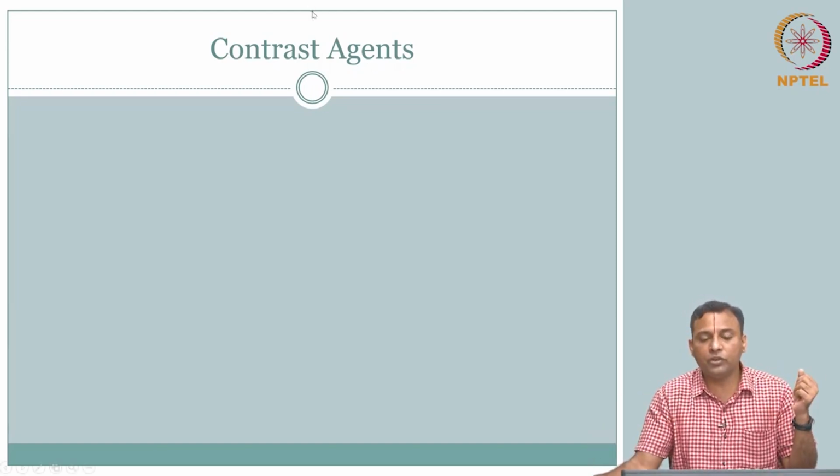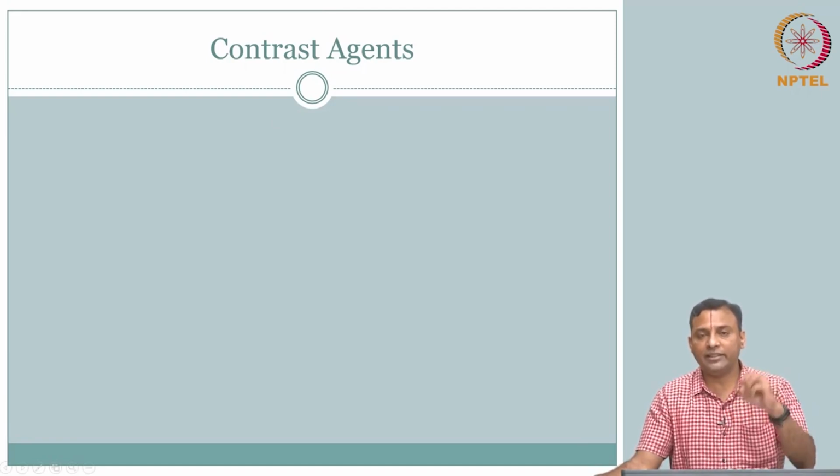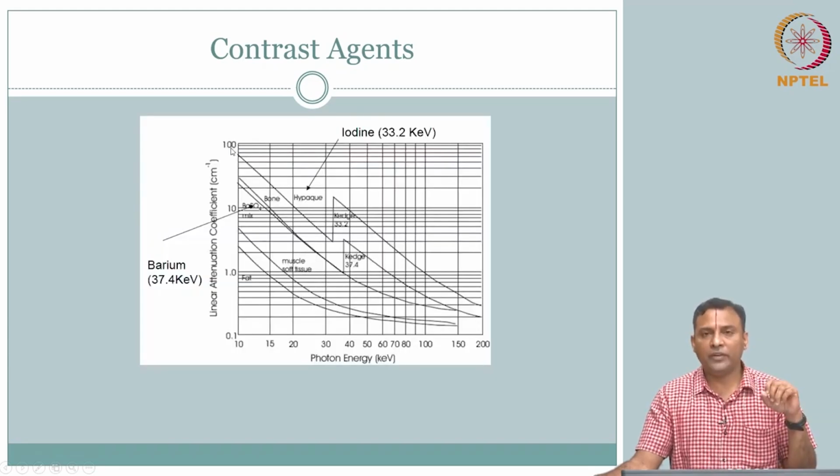So the idea of introducing contrast agents is to increase the contrast of those locations where the agent is sitting, okay. We talked about this curve before, but there is a subtle addition in this.